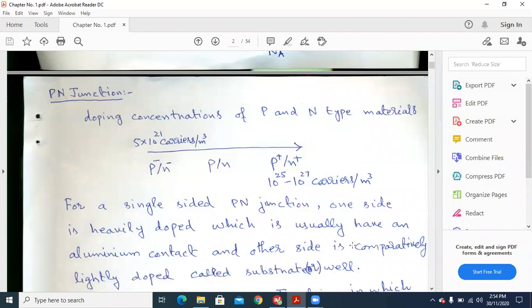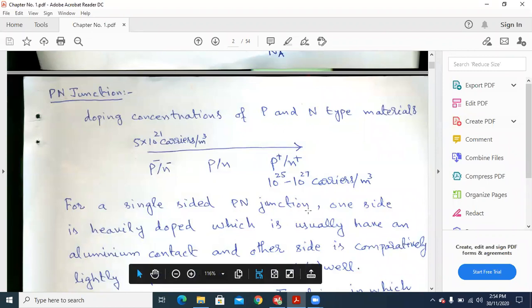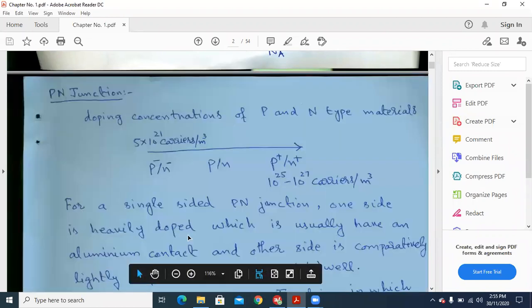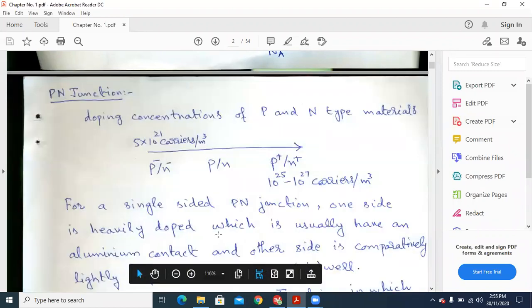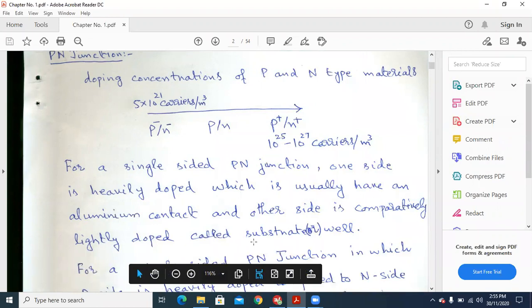In fact, we have considered a single-sided PN junction, and in a single-sided PN junction, one side is heavily doped, which usually has the aluminum contact, and the other side is comparatively lightly doped, called the substrate or well.